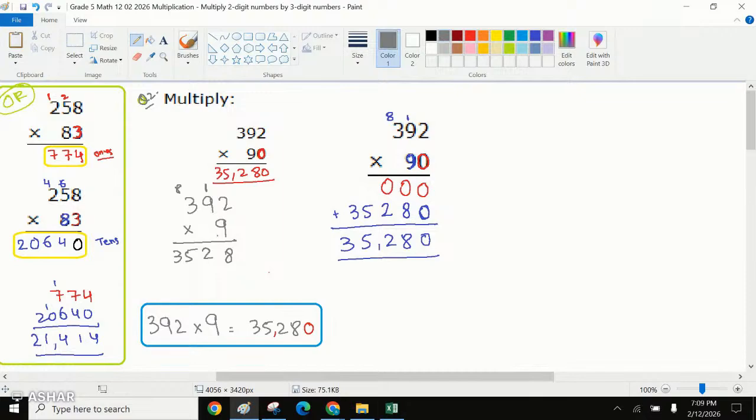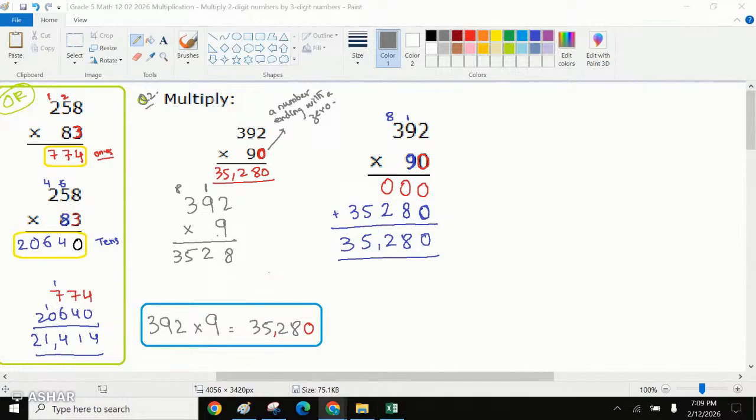I was just using this rule. Why? Because this number was a number ending with a 0, right? And we know the rules for the numbers ending with a 0. We can do it directly, or we can remove the 0, multiply, and then put the 0 at the end.